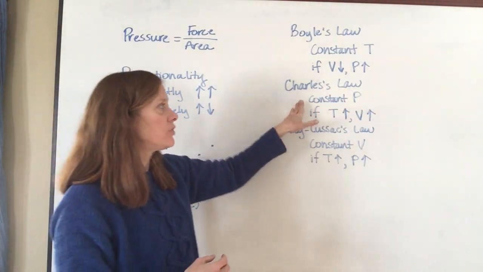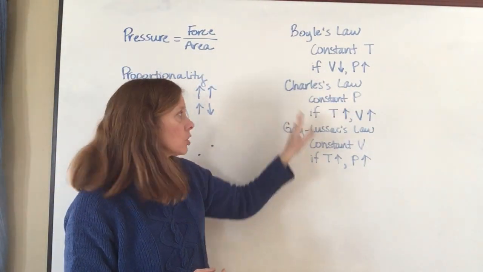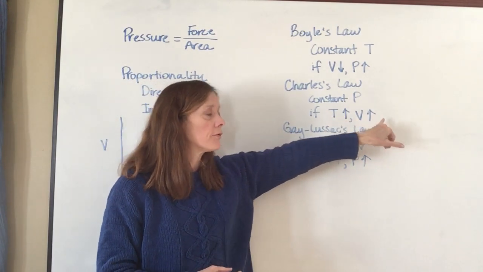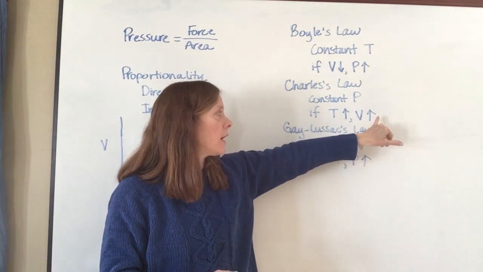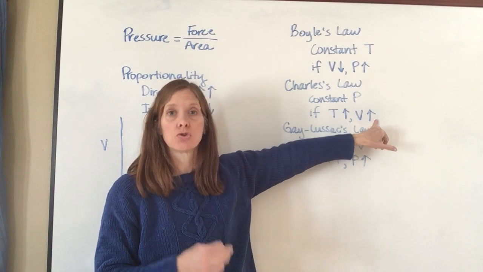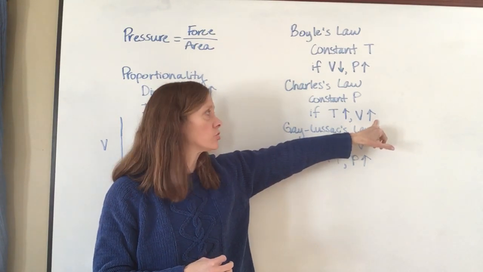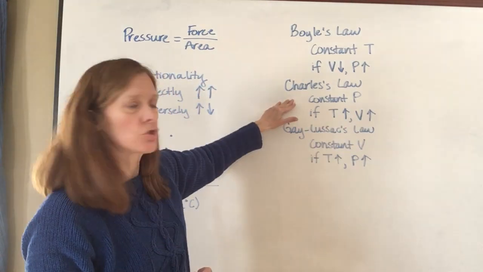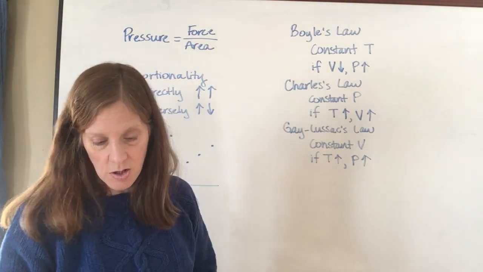Charles' law says if you have constant pressure, if temperature goes up, volume will also go up because these are going to be directly proportional to each other. So let's assume, again, you've got the same kids on the playground.